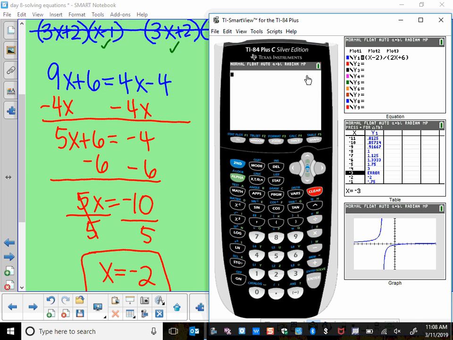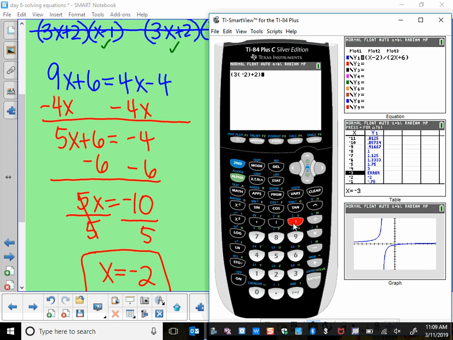We're basically just taking what we have, 3x plus 2 times x minus 1, and we're going to plug it in. So we have parentheses 3. Whenever I plug in an x, I put that in parentheses too. So my negative 2 is in parentheses, plus 2.